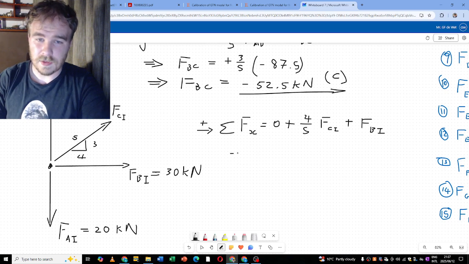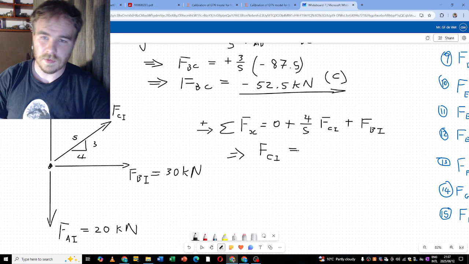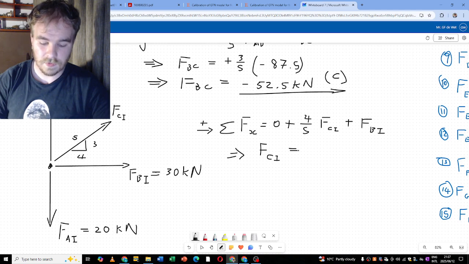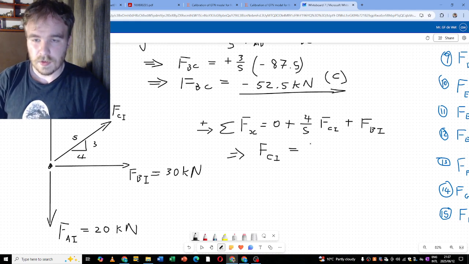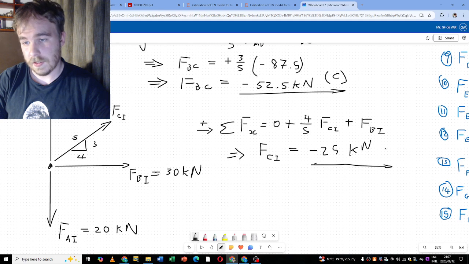Now this is all relatively simple, so I'm going to skip over a few steps here. I'm just going to write FCI is therefore equal to negative 20 times 4 over 5. No, not 4 over 5, times 5 over 4. And then we get negative 25 kilonewtons, which makes sense if you look at it.